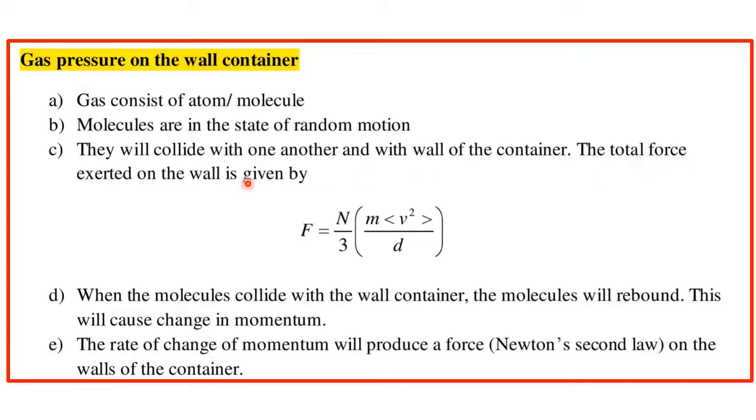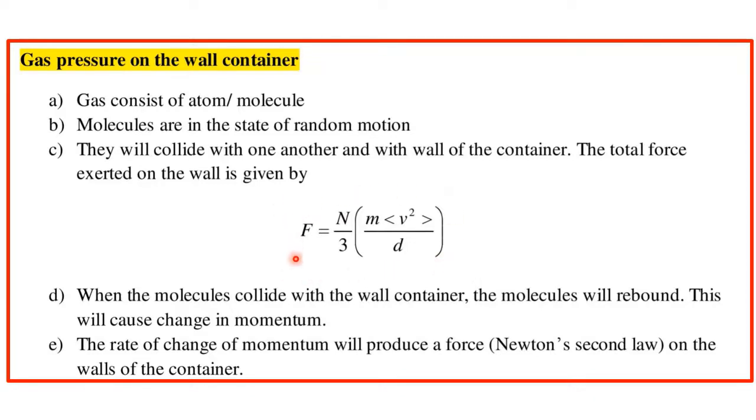The total force exerted on the wall is given by this formula. F equals N/3 M mean squared over D. Okay, formula ni sebenarnya datang daripada beberapa assumption. Ada 4 slide untuk describe ataupun untuk discuss datangnya formula ni.